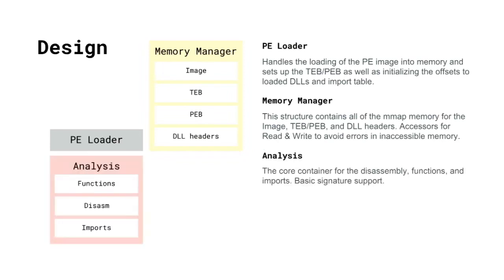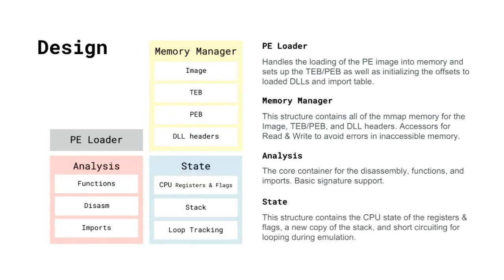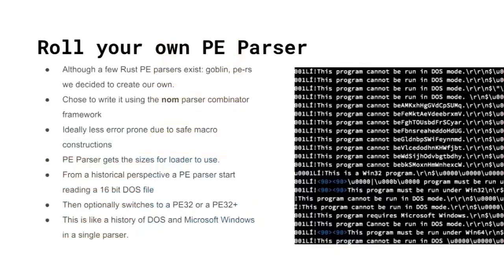Then we have this analysis struct that follows all of the disassembly coming out, builds all the functions, and keeps track of all the imports, as well as the state, which tracks all the CPU registers and the flags. It copies a new state of the stack when it goes to another function, and I also introduced loop tracking, which I'll get into a little later. It's basically for the emulation part.